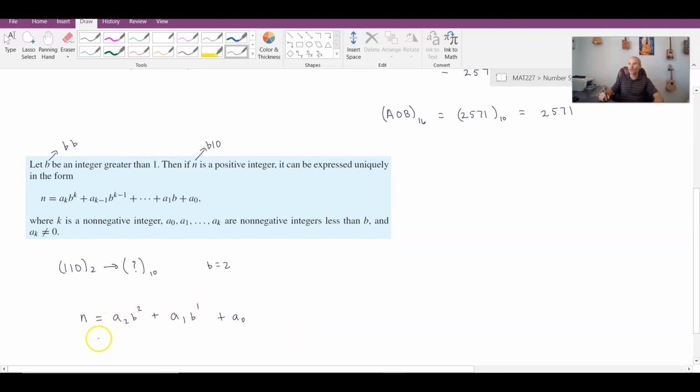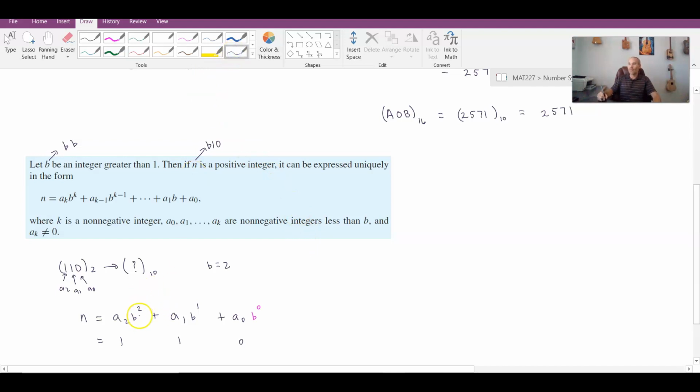Okay, so a sub 2 is right here. That's the 1. Here's a sub 1, and here's a sub 0. So those are just the individual digits of our base 2 representation. So we'll have a 1, and a 0 here. And now you could also write this as b to the 0 if you chose, but whatever that base is, raised to the 0 power is 1.